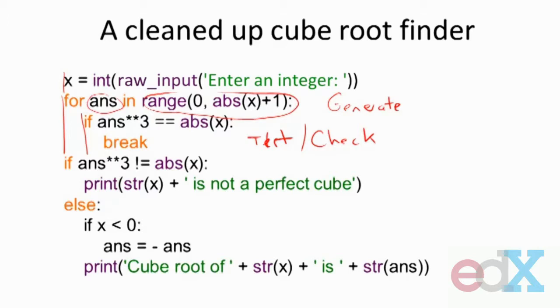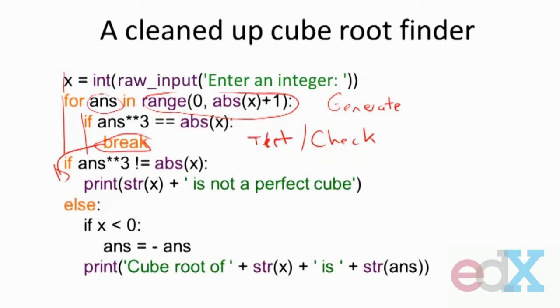Once I get past x, I'm going to stop. But inside of that loop, I'm simply going to say, let me check. If answer cubed is equal to absolute value of x, the thing I'm looking for, I'm done, and I'll hit break. And when I hit break, it throws me out of the loop and takes me down to the next piece of code. And in that case, I'll now check.